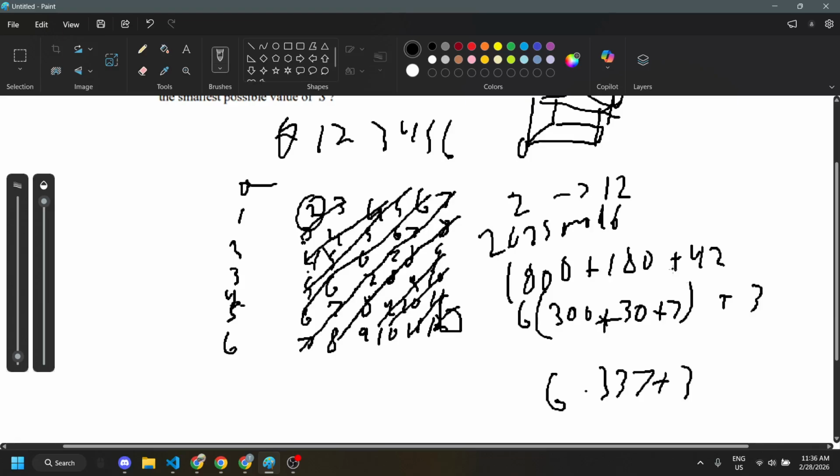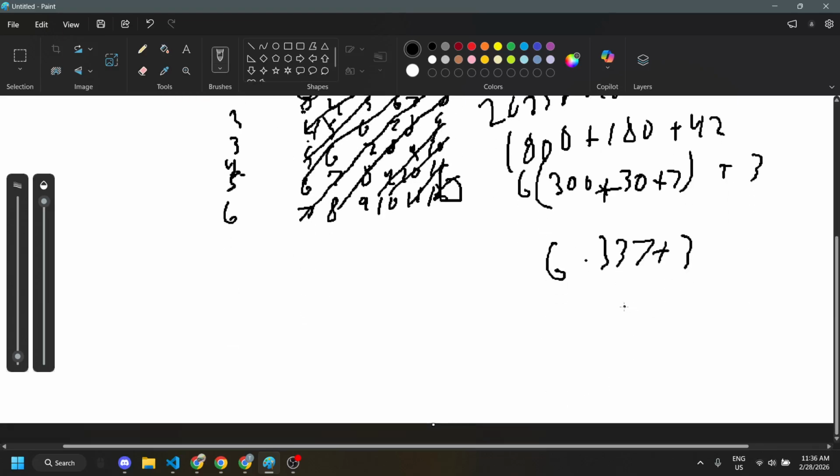Okay, so this means that we need to roll 338 dice, and then get 6 on 337 of them plus 3, or different combinations of that.